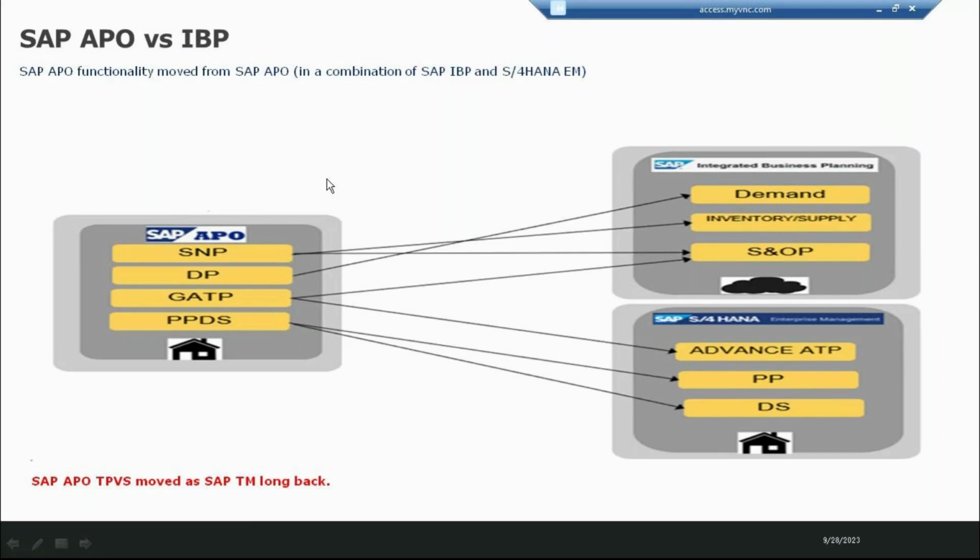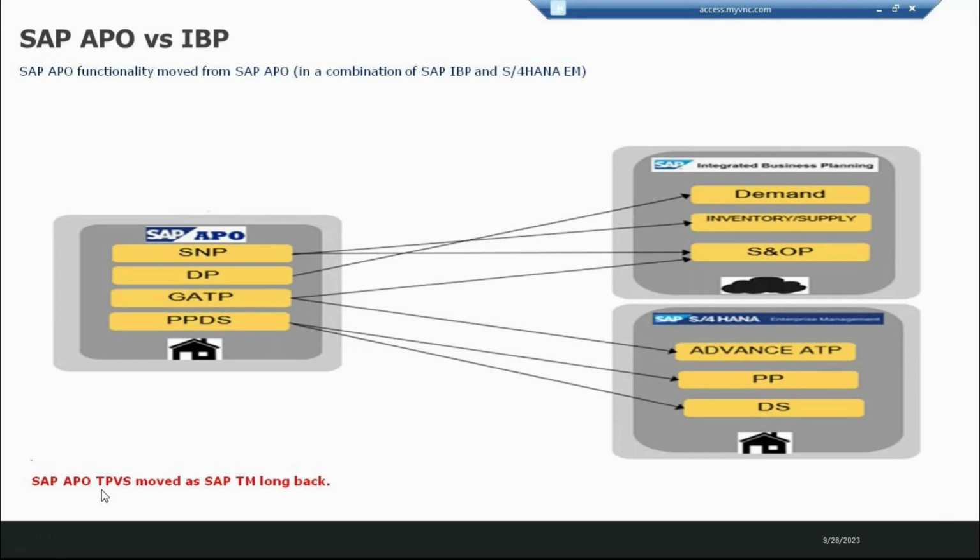Now SAP is migrating ECC to S/4HANA, and APO is also being migrated to SAP IBP. In APO, these modules are more into execution, which is why they were added into S/4HANA. And in APO, some time back, there was a module called TPVS, Transportation Planning and Vehicle Scheduling.